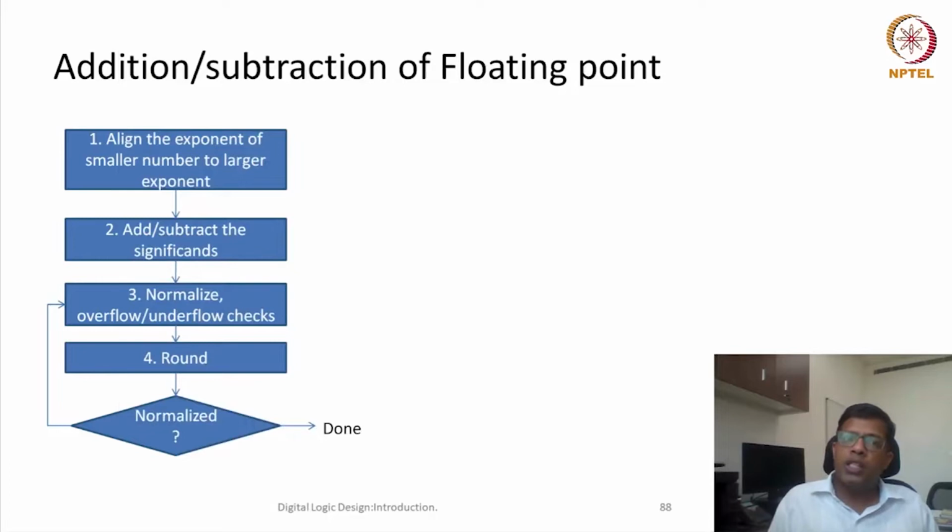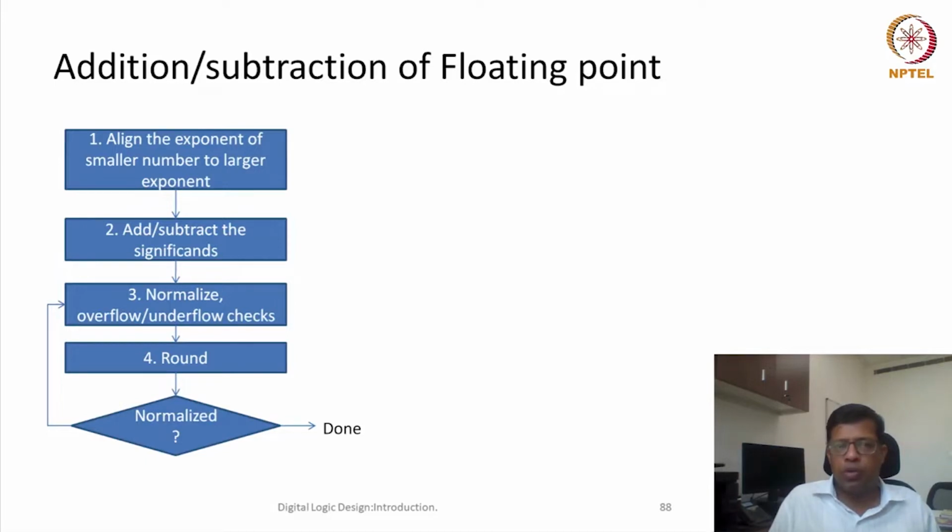So let us first see how addition or subtraction would be done in a floating point number. It would be done in a similar way to how we do addition or subtraction in decimal numbers represented in scientific notation. The first step is to align the exponent to the larger exponent.